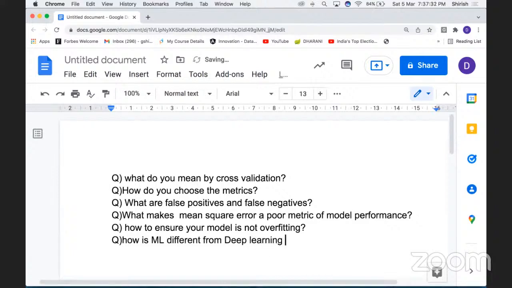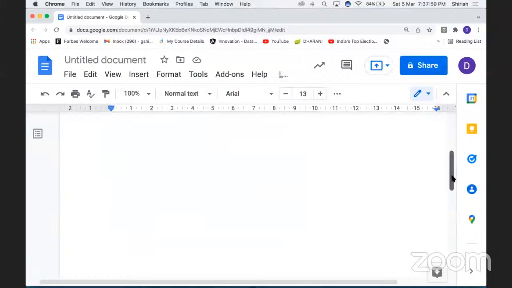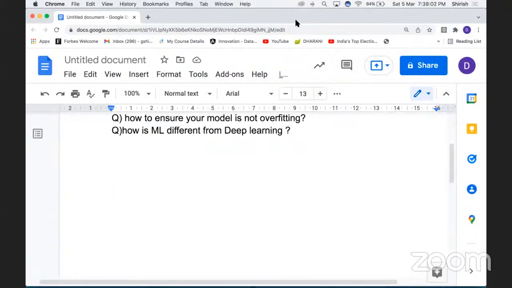One such statement which you can explain to a layman: they don't know anything, they are just new to it and they want to know what is the difference between ML and DL, deep learning. How would you explain it to them in a simple way?